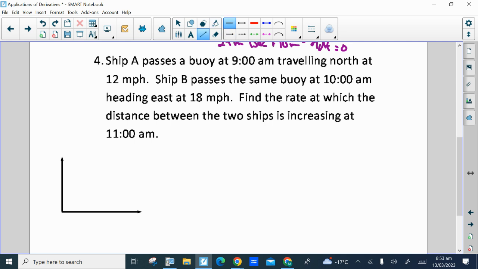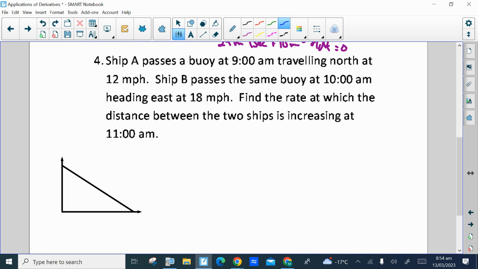We want to find the rate of change for the distance between the two ships. So in this case, the hypotenuse is not a constant, right?